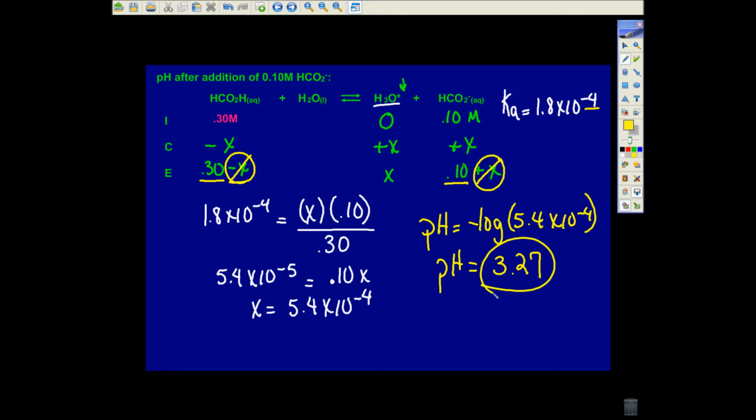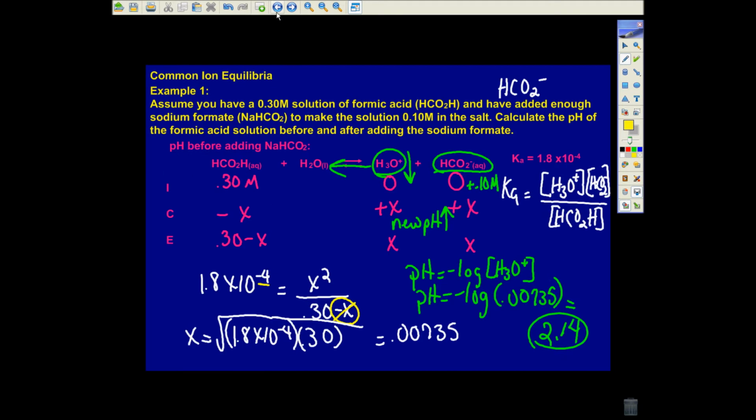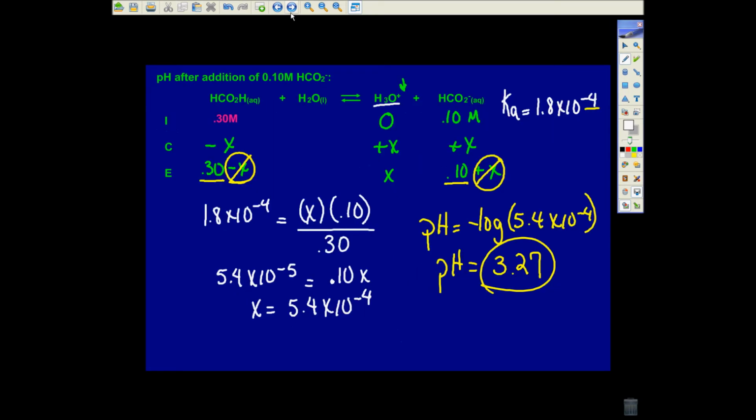So my pH has increased significantly. I have gone from a pH of 2.14 before I added it, to a pH of 3.27 with the addition of that common ion.